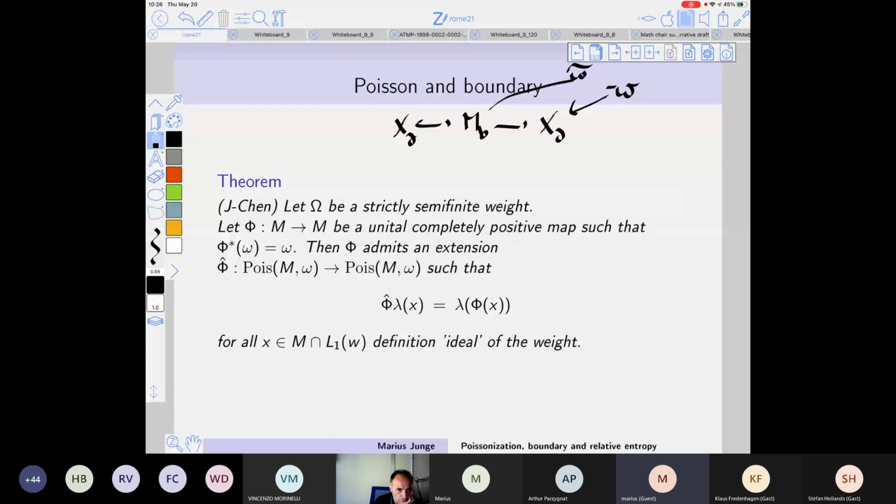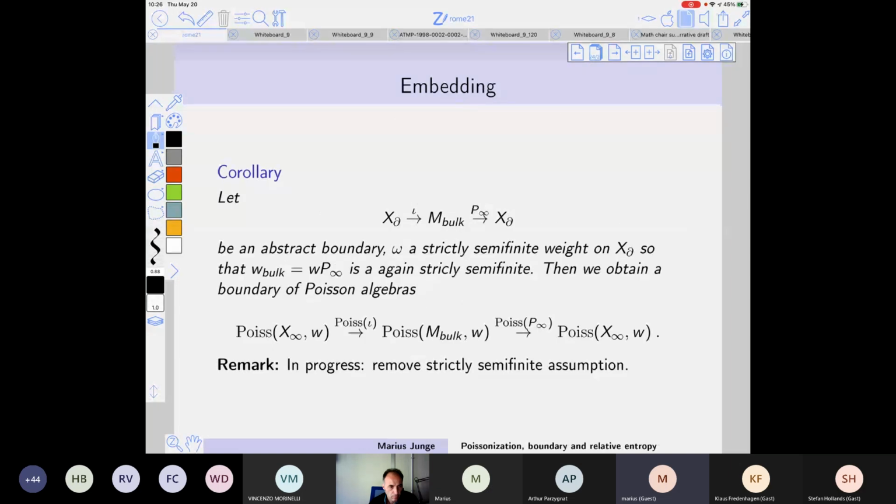So this means once we can construct a good quantum field theory on the boundary, then we can also extend it to a quantum field theory on the bulk, on the Poissonification of the bulk, which gives us a lot of non-commutative fields. And that's actually what we are trying to do. We try to understand a good quantum field theory on the boundary for certain particular operators. So this is this picture.